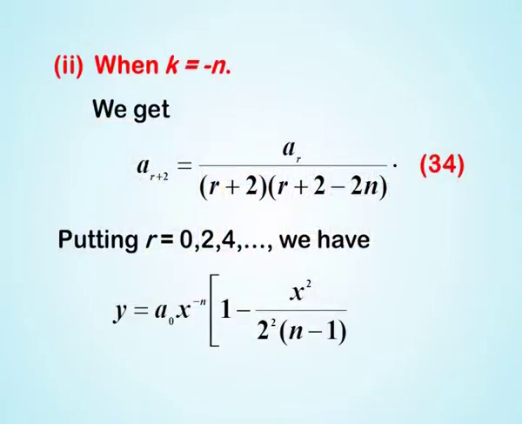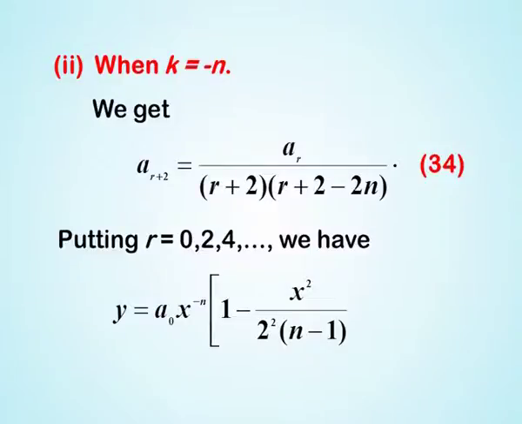Then we take the case as k is equal to minus n, and we get a similar thing. We get a(r+2) is equal to, note that we do not have any negative to start the right hand side, and so it is ar upon (r plus 2) minus 2n in the denominator. Again we put the same thing, r is equal to 0, 2, 4, 6, 8, and so on, and we get y is equal to a0 x to the power minus n.